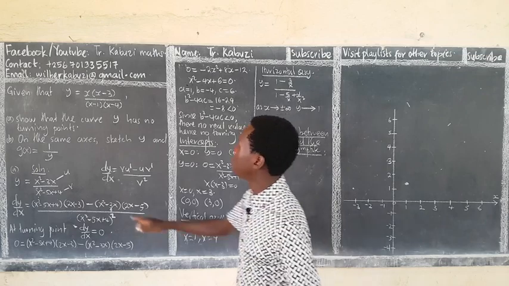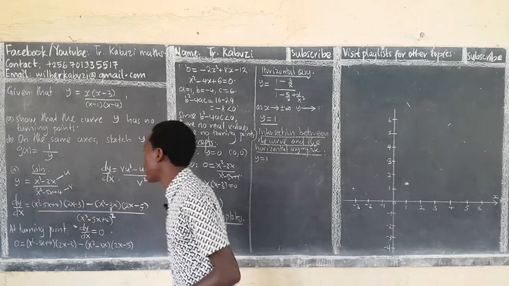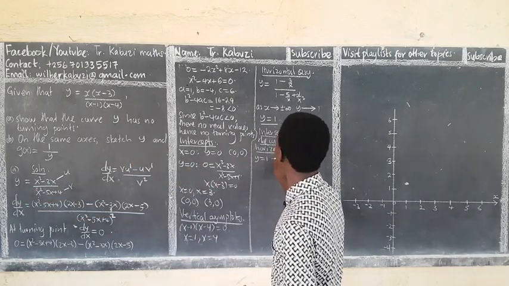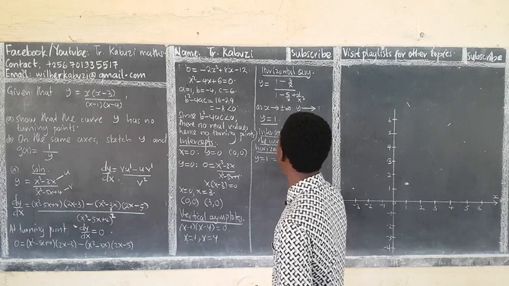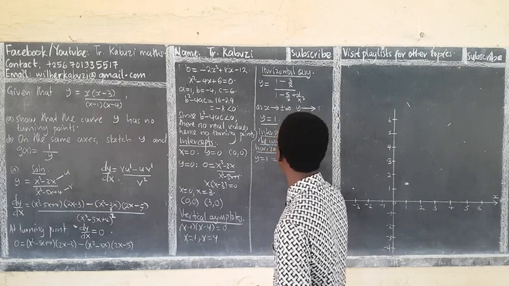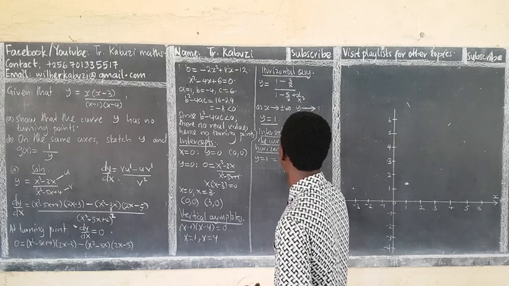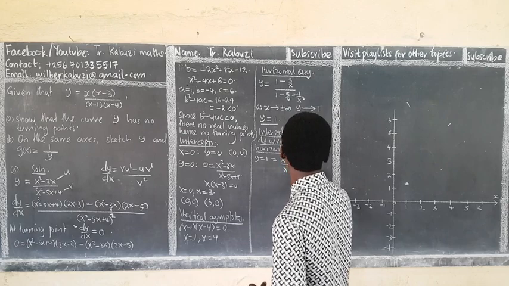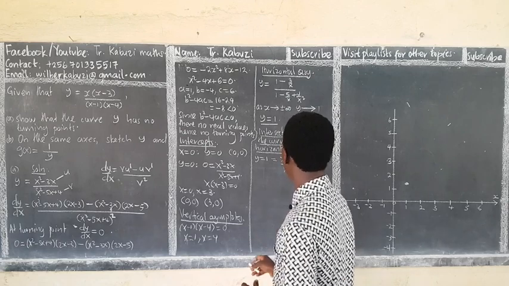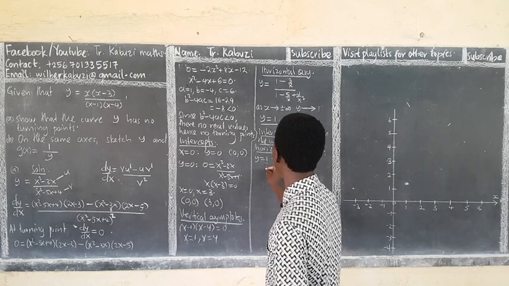Now if we put it here, then we simplify. So this would be equal to x squared minus 3x over x squared minus 5x plus 4. If you cross multiply, now this is over 1.